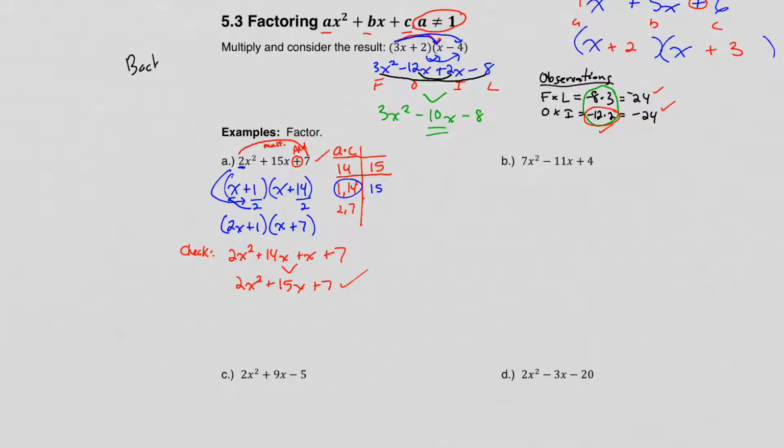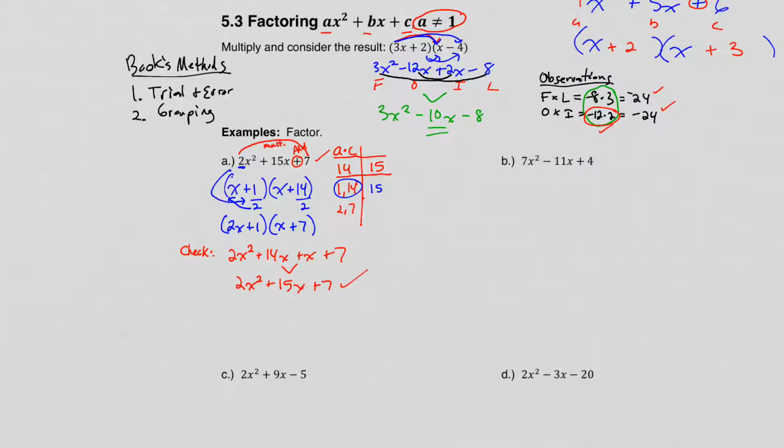So if you click on the help, the first one's called trial and error. And that's basically figure out the puzzle yourself. Okay? The other one is called grouping.